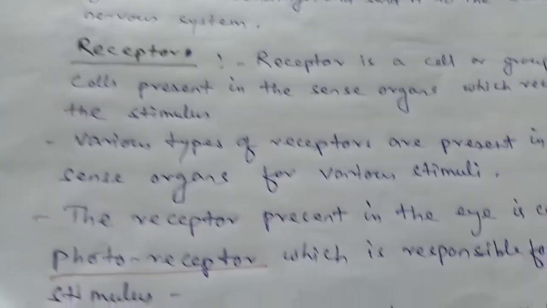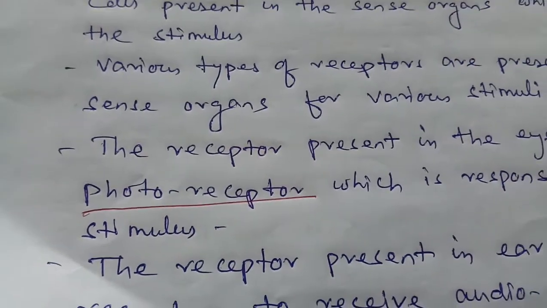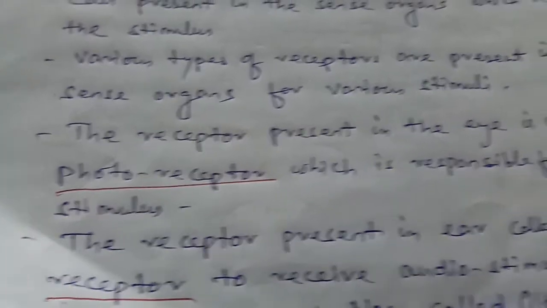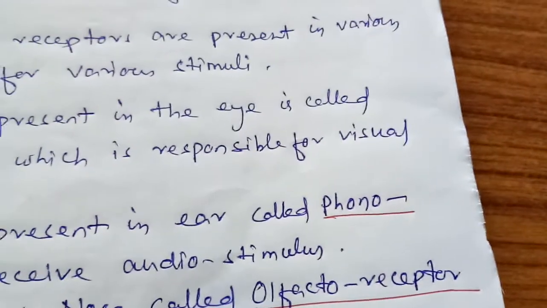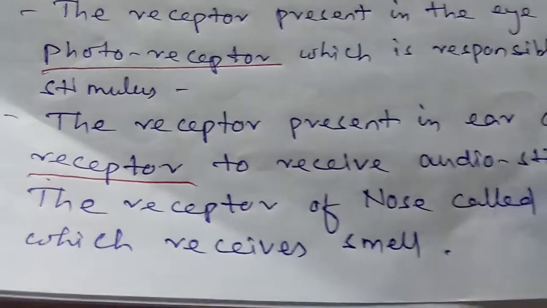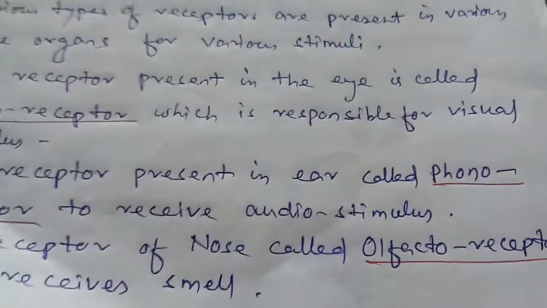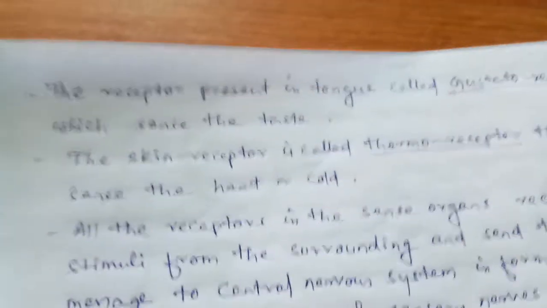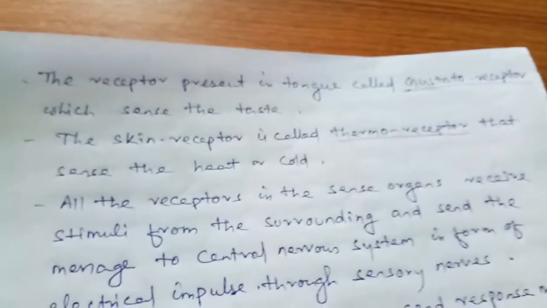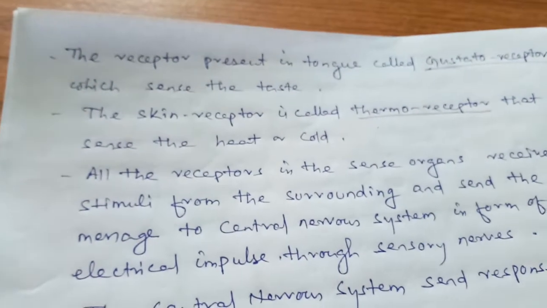Students, the receptor which is present in the eye is called photoreceptors. Similarly, the receptor present in the ear is known as phonoreceptors. Similarly, the receptor present in the nose is called olfactoreceptors. Similarly, students, the receptors present in the tongue are called gustatoreceptors, and the skin receptor is known as thermoreceptors.